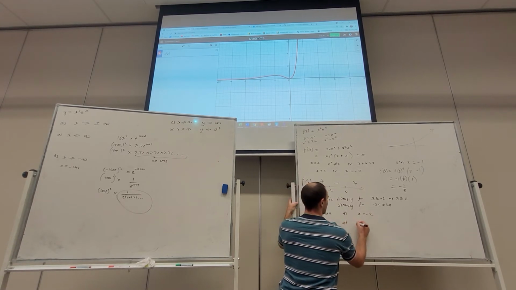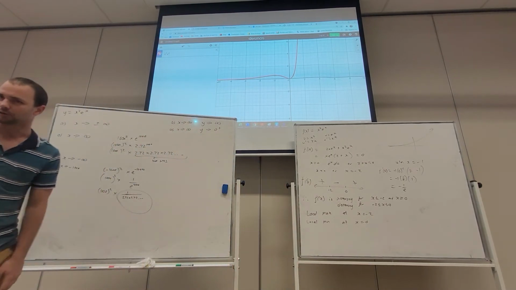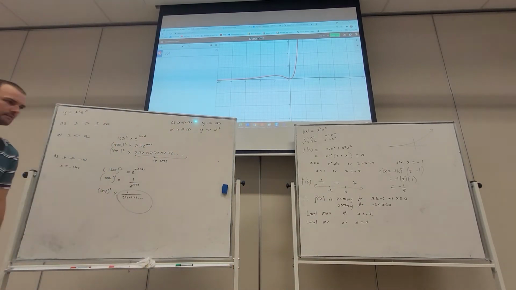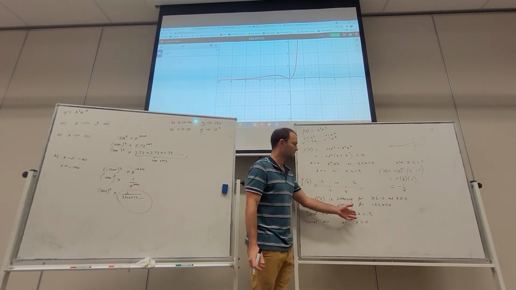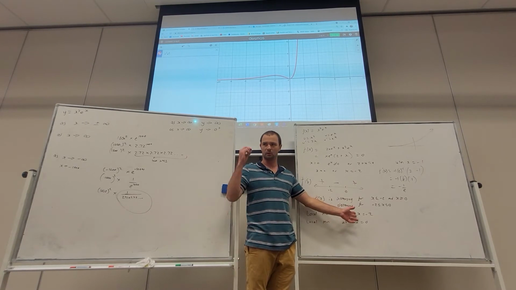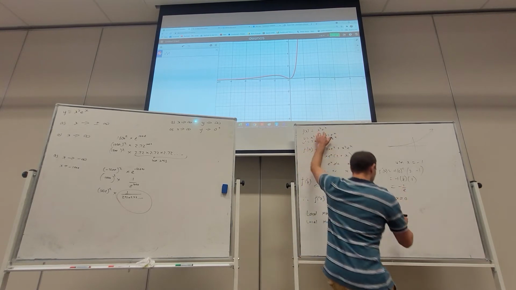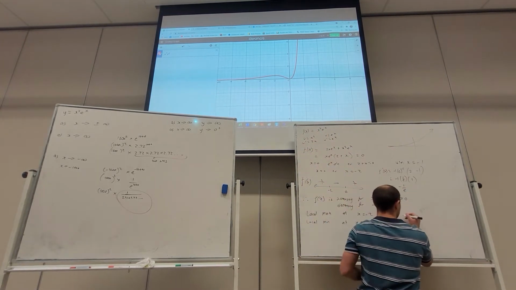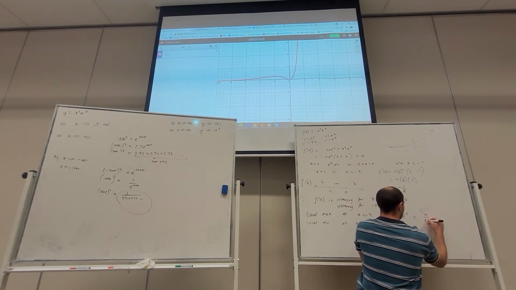We need to find the corresponding y value for those points. So what is the y value that corresponds with minus 2? Now we're talking about the original function, because we're looking for a coordinate on the original function. So when x is minus 2, we're going to have minus 2 squared times e to the minus 2, which is 4 on e squared.